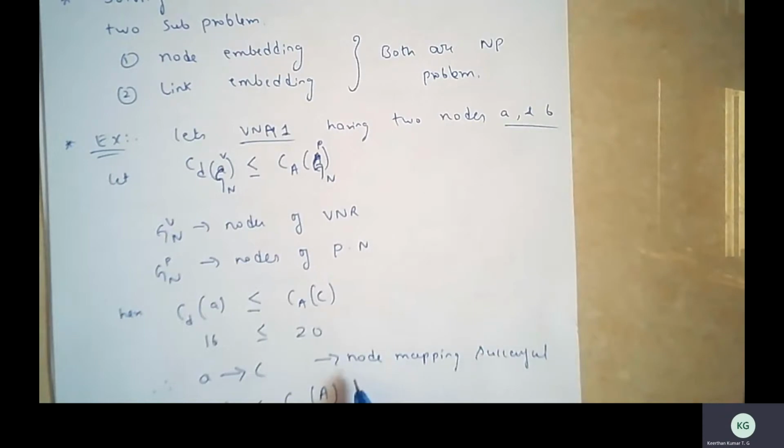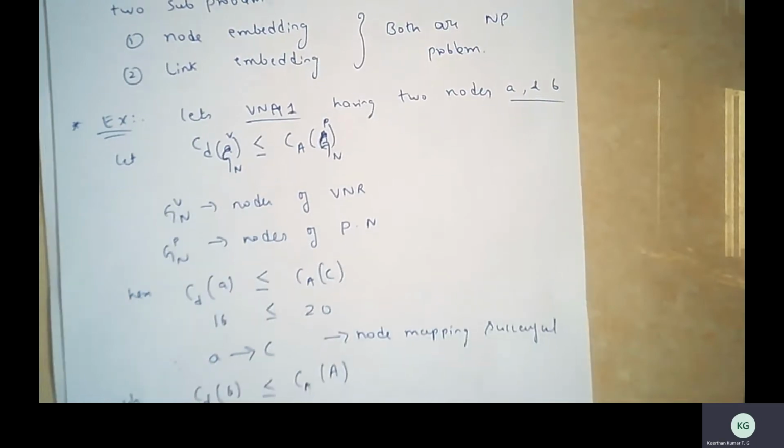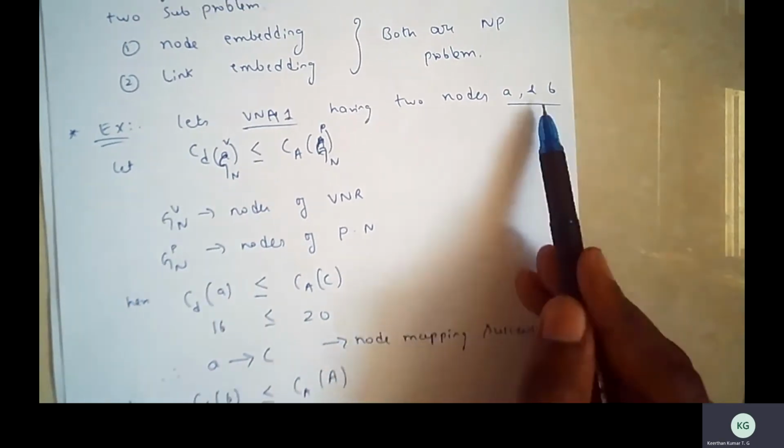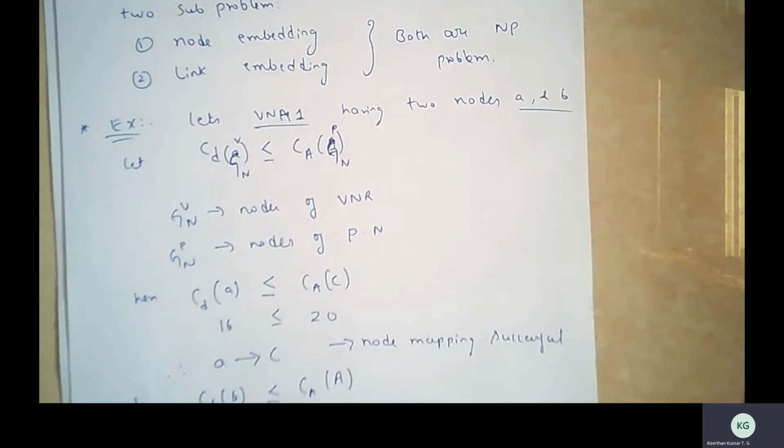I'm not able to perform the node embedding. But here I took the case where node embedding is successful. Next, since A is embedded successfully, I will go for the next VM. The next VM is small b. What is the demand of the small b VM? That is 10.